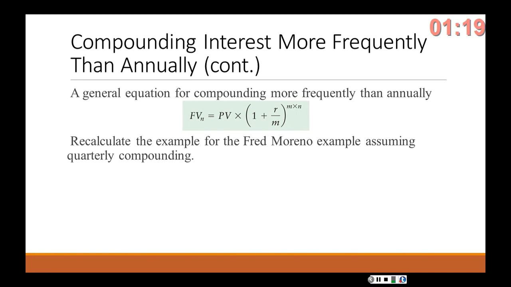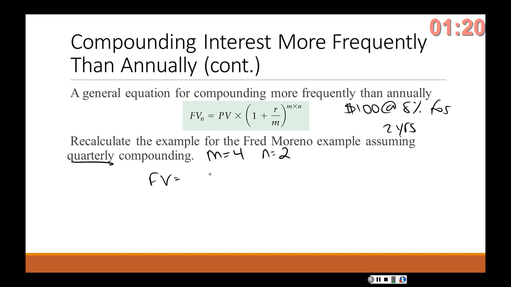So what if we did that same example, but we said quarterly compounding? So in quarterly compounding, m is equal to 4. This is still looking at $100 at 8% for 2 years. I'm wanting to know the future value of this. So n would be 2.